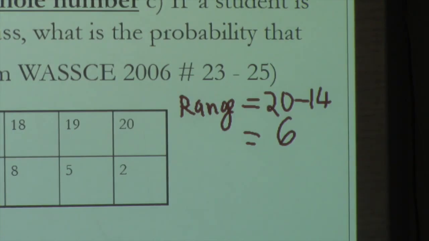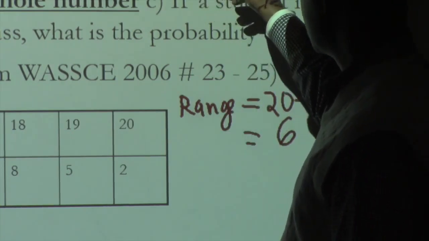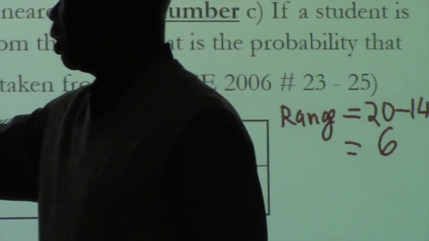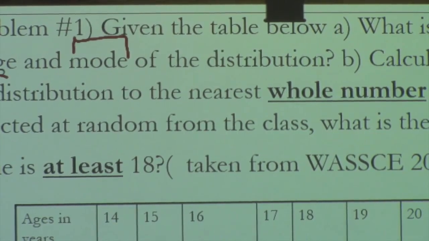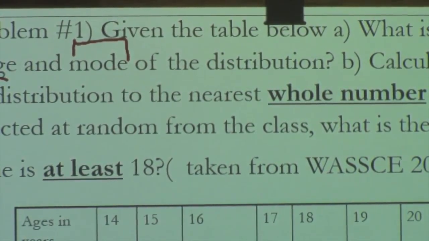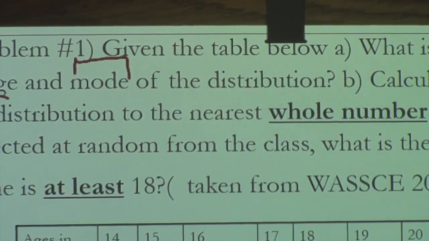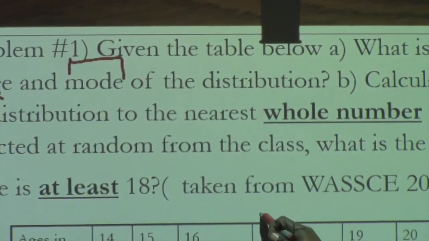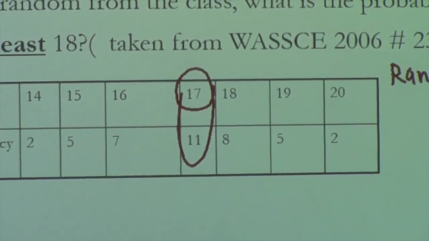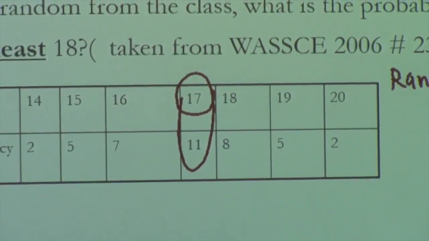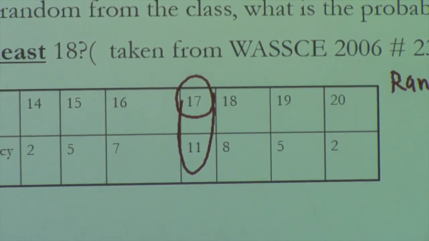Now, we're going to be finding the sum of the range and the mode. We've got the range, so what we need to know now is the mode. The mode is the data element with the highest frequency. The data element with the highest frequency is 17. The number of people who were age 17 was 11, and that's the highest frequency here.